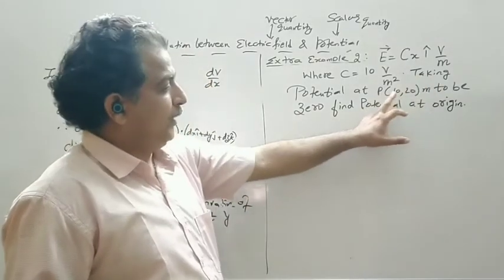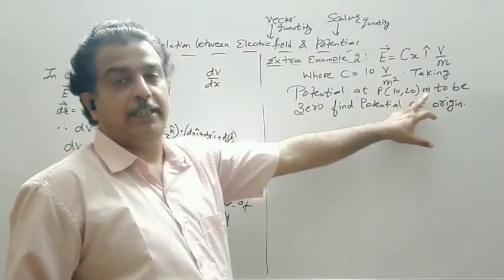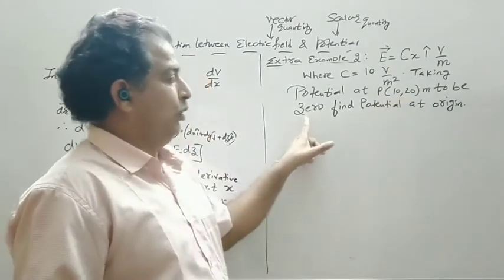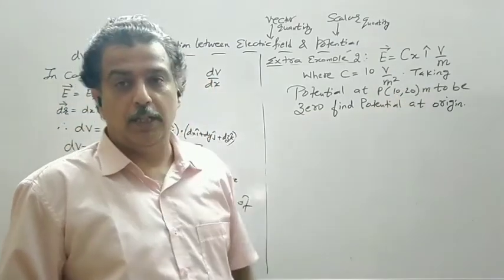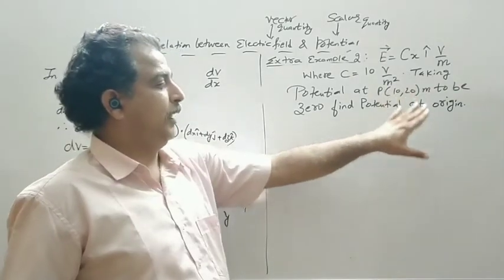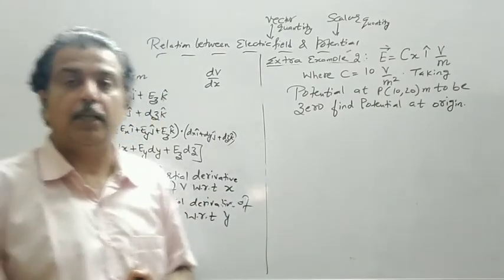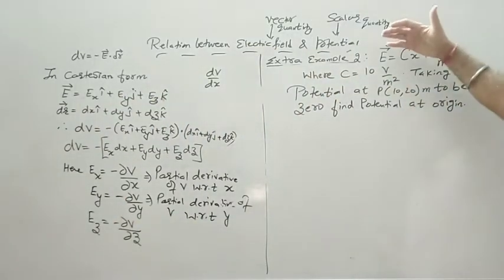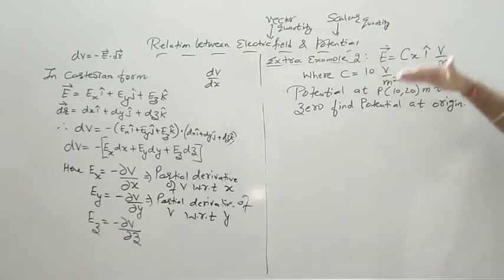We have a point having coordinates 10, 20 meter, so it is in the xy plane, z being 0. Then find the potential at the origin. So from the electric field intensity we have to find out the potential.